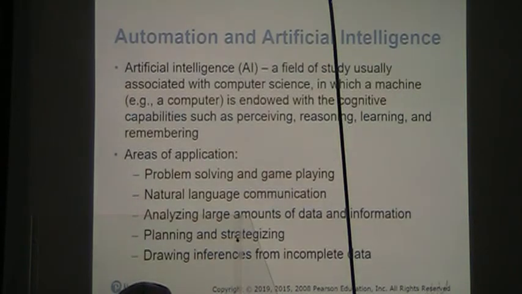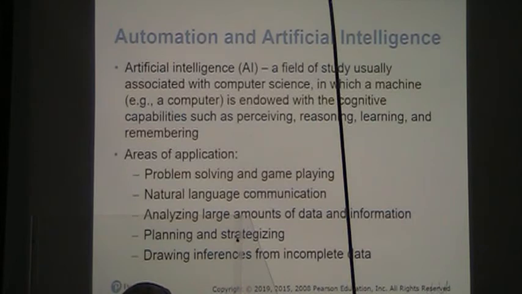All right, so automation and artificial intelligence. Artificial intelligence, a field of study usually associated with computer science, in which a machine, for example, a computer, is endowed with the cognitive capabilities such as perceiving, reasoning, learning, and remembering.